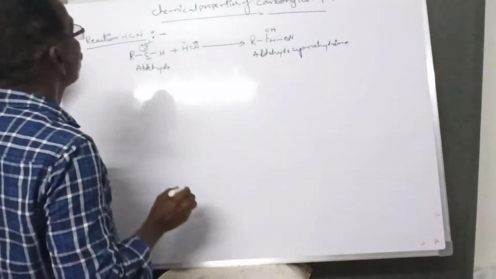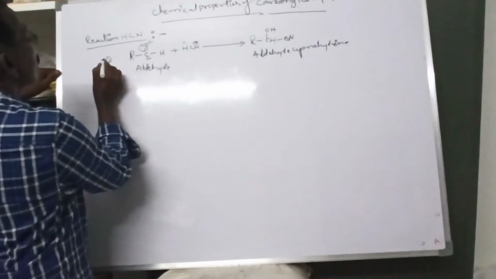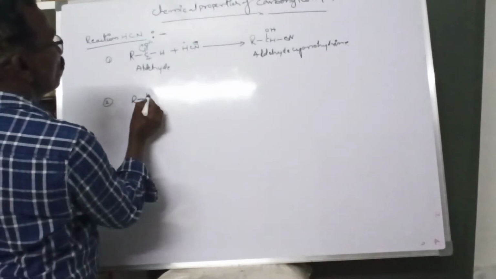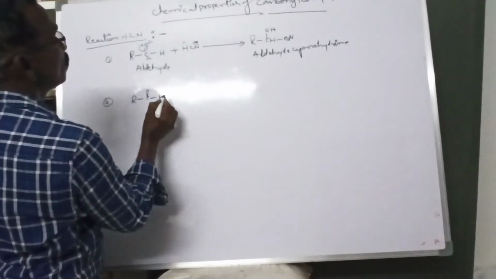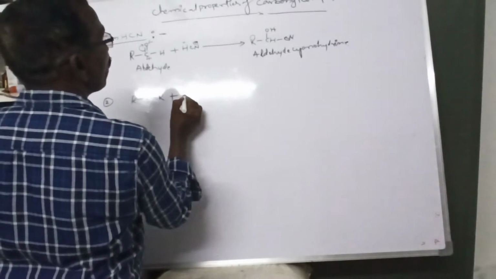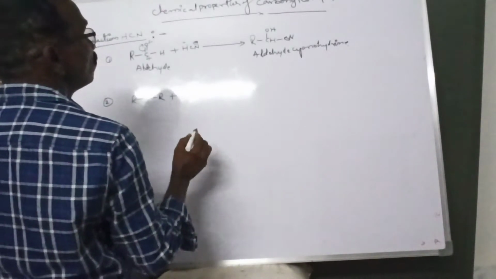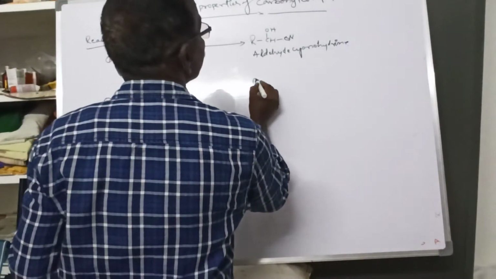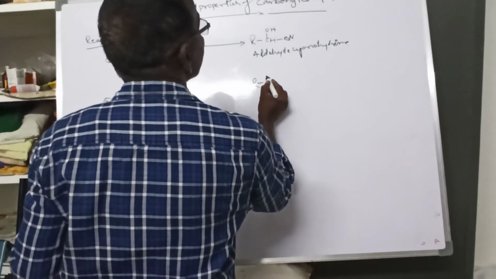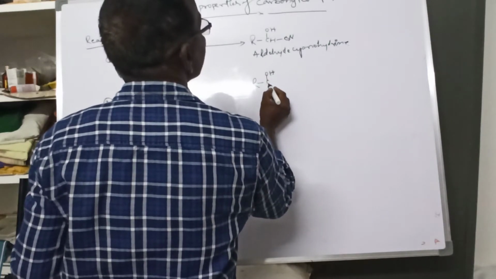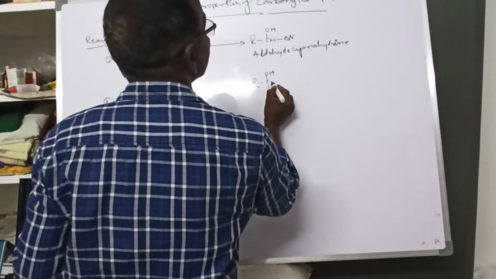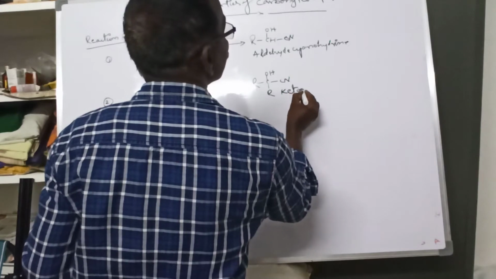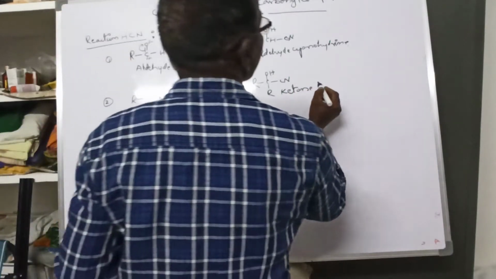If you take another one, that is a ketone, the general formula of a ketone is R C double bond O R. It is also the same: addition with HCN gives the ketone cyanohydrin.